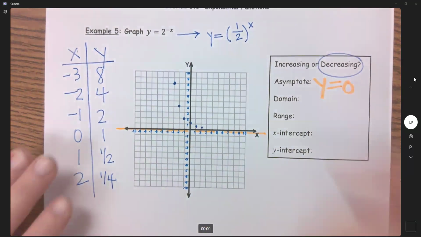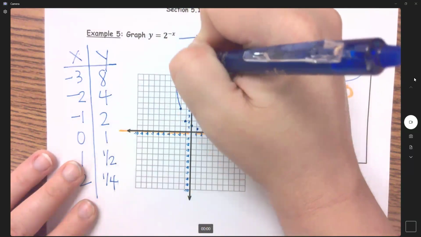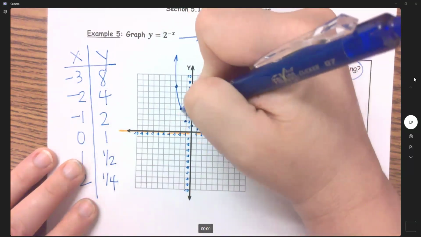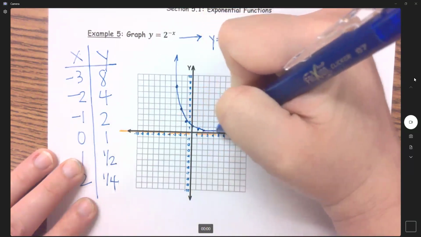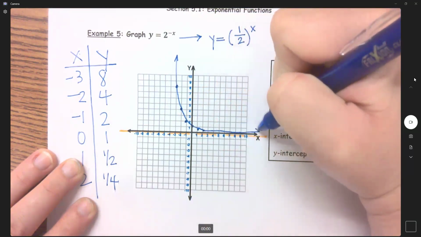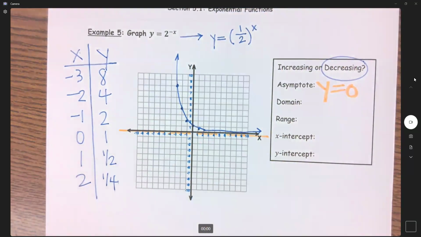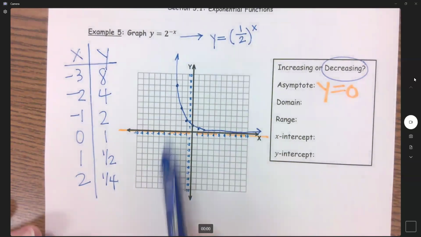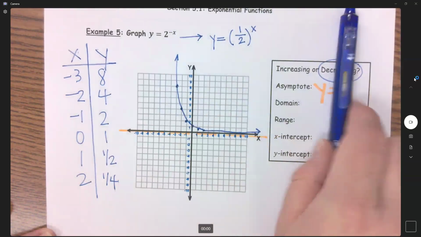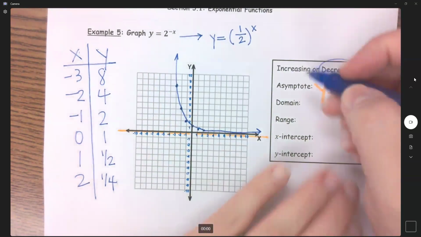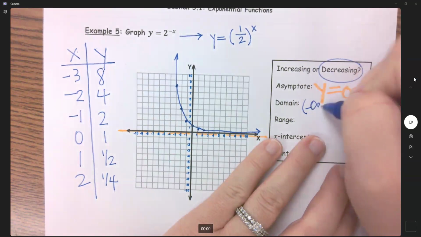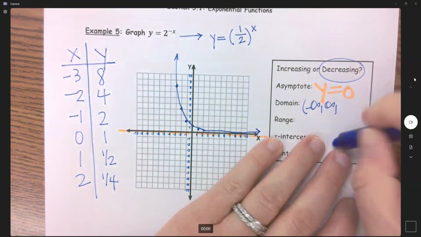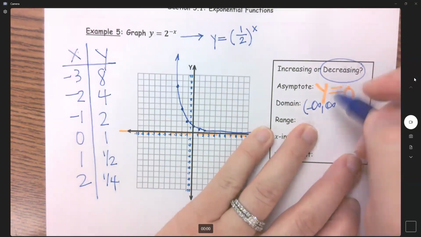So when I connect these, I'm going to make sure that I do not cross that x-axis there. So there is my wobbly line. What is the domain? As I go from left to right, I go arrow to arrow. So my domain is negative infinity to infinity.